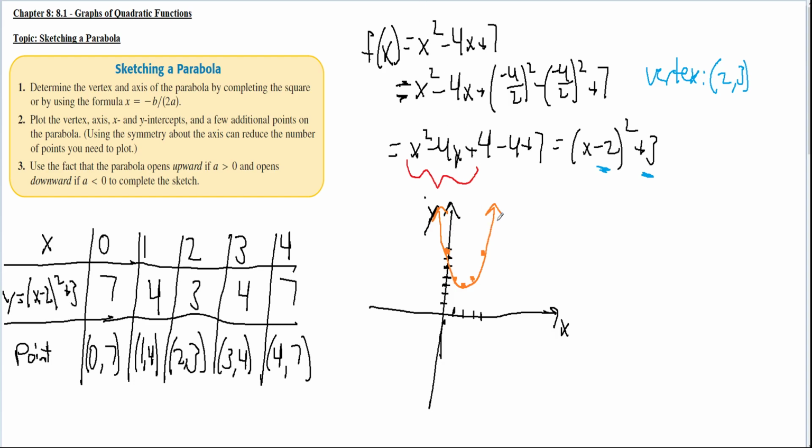And so we can see that we have our axis of symmetry about our vertex. And not only that, but since a is positive, so a was equal to 1, which is positive, our parabola opens upward. Okay? So that's how you go about sketching a parabola.